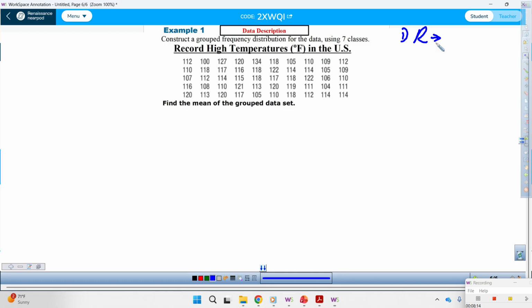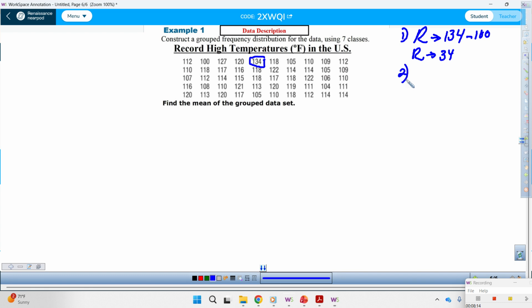Who's got the greatest value already? 134. Okay, so it's right there. So box that or circle it, whatever. And what is the least? 100. All right, 100. So my range is 34.